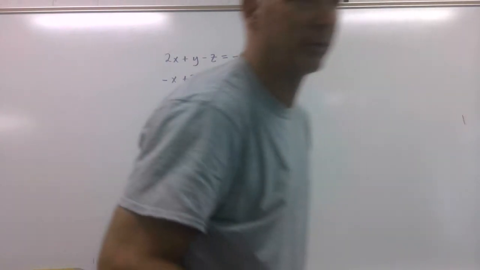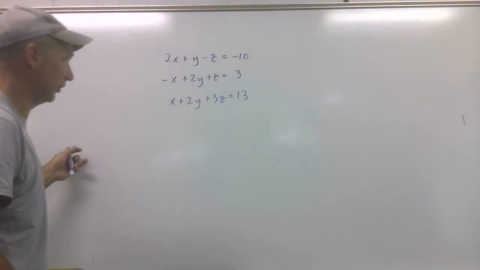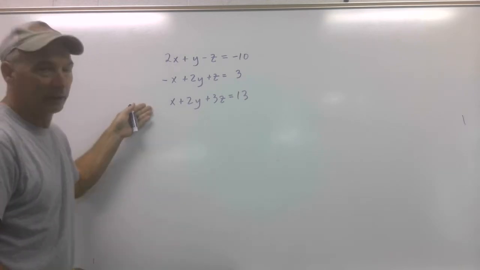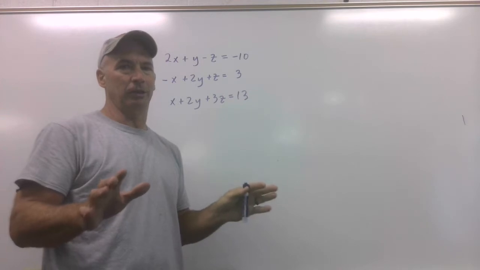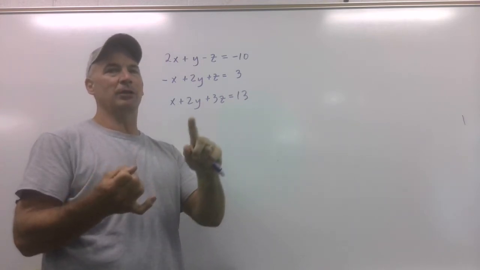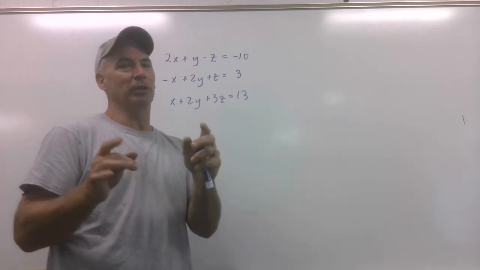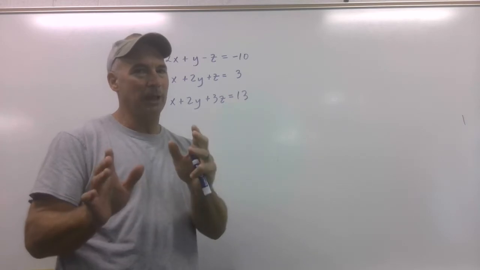Okay, so in addition to that, what we know from yesterday, 1-6 day 1, is we are completely skilled. We can use substitution and elimination when we're dealing with 2 variables, x and y.